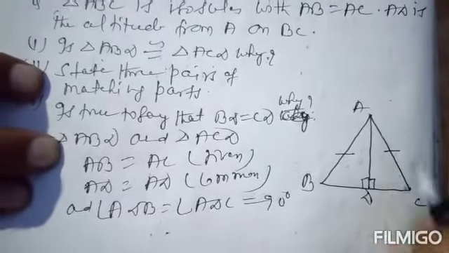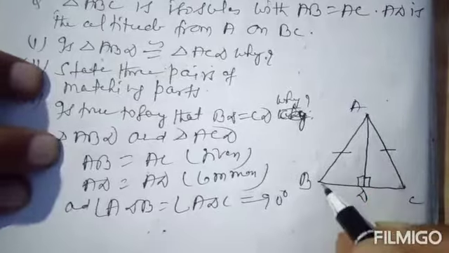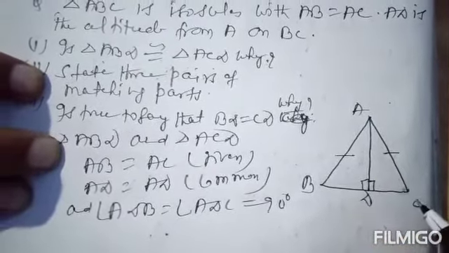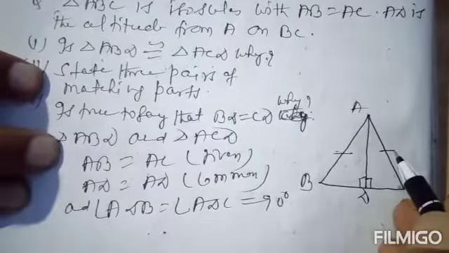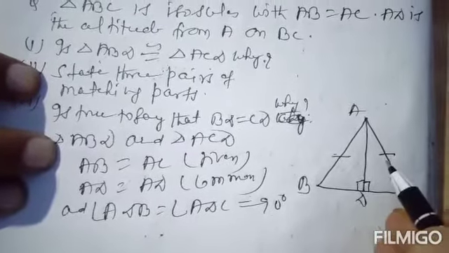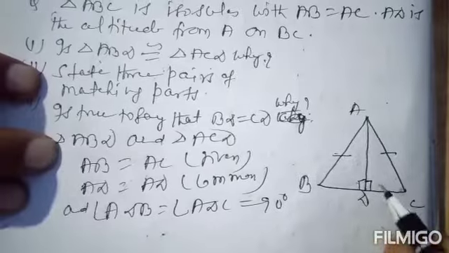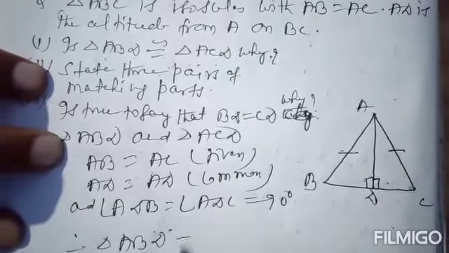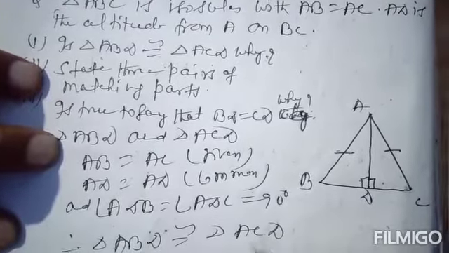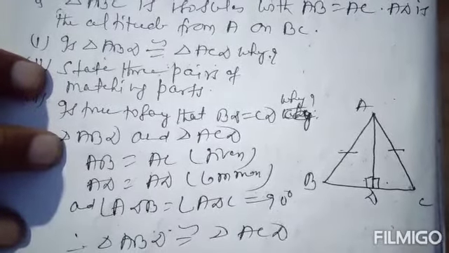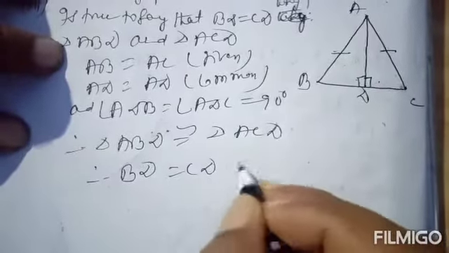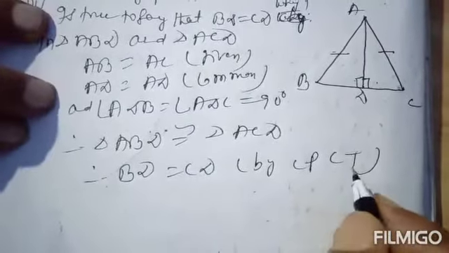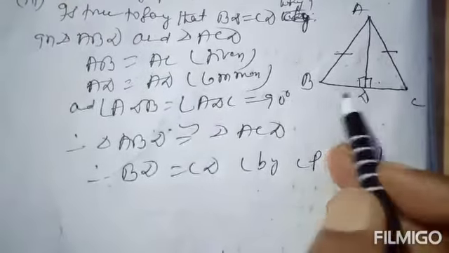So here AB is the hypotenuse for triangle ADB and AC is the hypotenuse for triangle ADC. So the hypotenuses are equal, one side is equal in both triangles, and one angle is 90 degrees in each. Therefore triangle ABD is congruent to triangle ACD, and therefore BD is equal to CD by CPCT, meaning corresponding parts of congruent triangles.